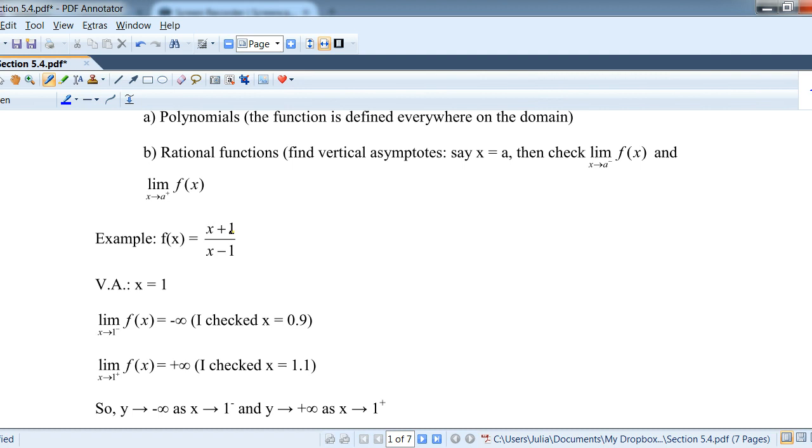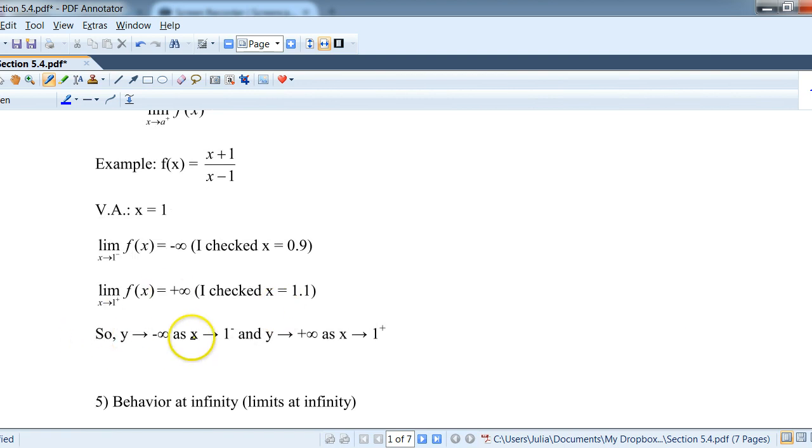So a positive number divided by a small negative number will go to negative infinity. And as x approaches 1 from the right, let's check with 1.1. Now we're dividing positive by positive, so the function will go to positive infinity, as you can see. So I have it written like this.